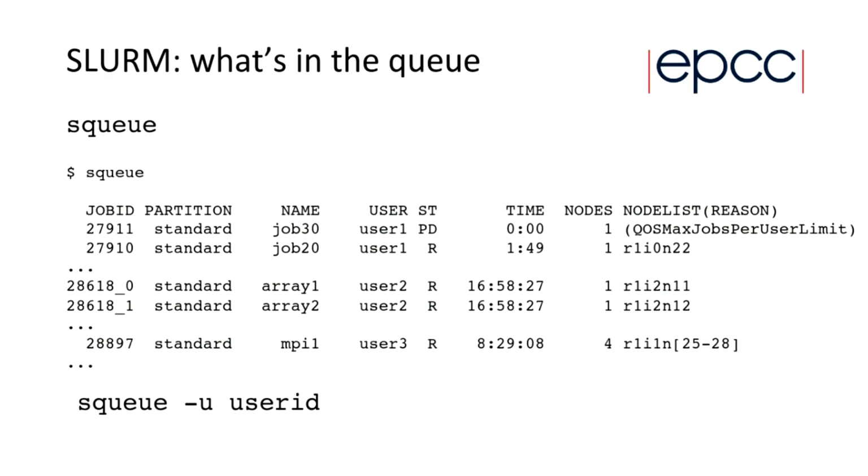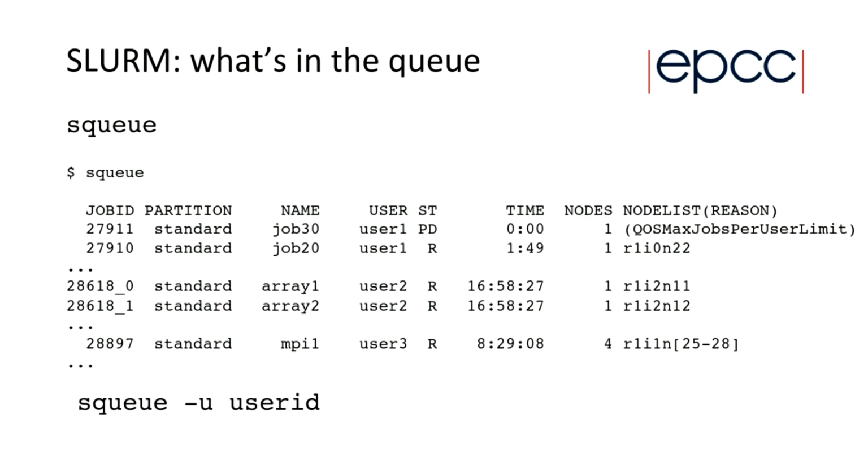Slurm is sufficiently polite that for the pending job it tries to give you some idea of why the job is pending, and this is because this user has reached the 20 job limit, which is the quality of service limit for the standard queue. You'll also note in the center there are 2 jobs with job ID _0 and _1.